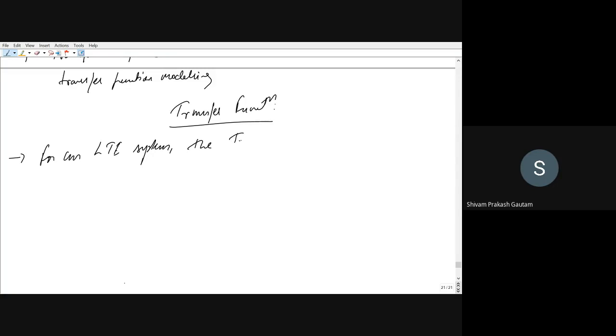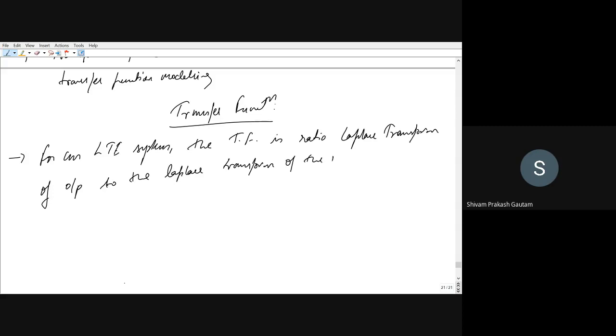The transfer function, written as TF, is the ratio of the Laplace transform of the output to the Laplace transform of the input.